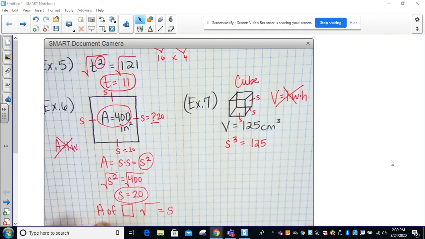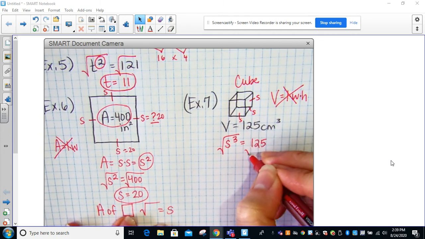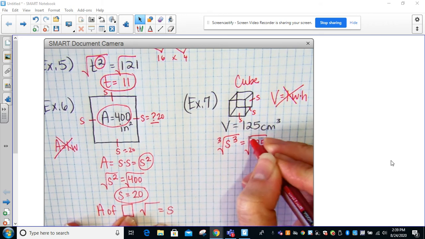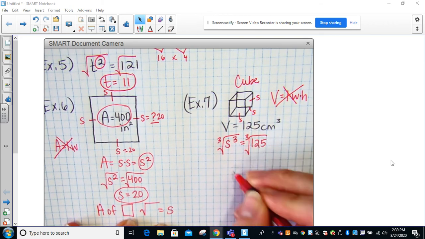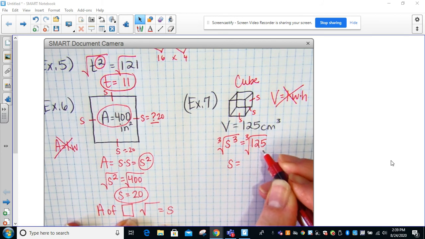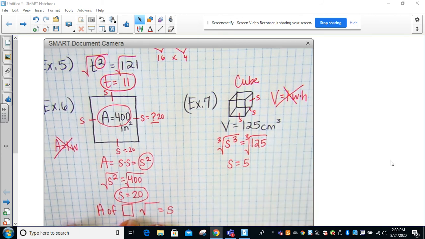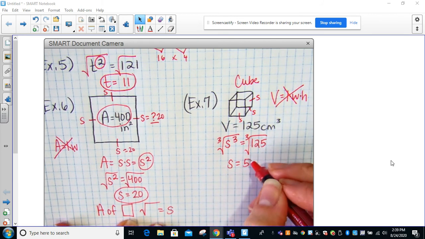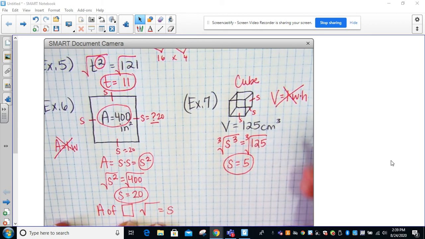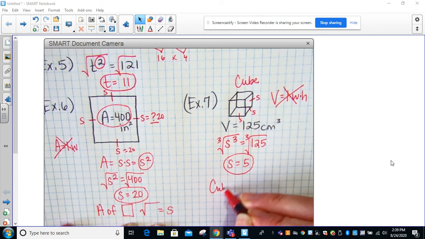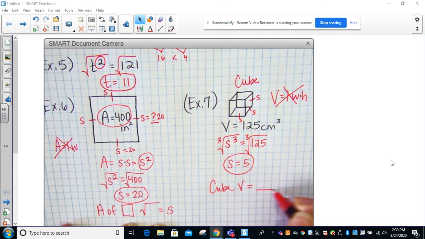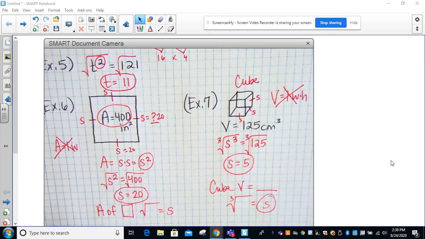So if the side cubed, or side times side times side, equals 125, we're going to solve it by taking the cube root, since this is a cube, and the cube root of 125 is 5, because 5 times 5 times 5 equals 125. So again, if you have a cube, and I give you the volume, then you take the cube root to get your answer for S. Study those square roots and cube roots.